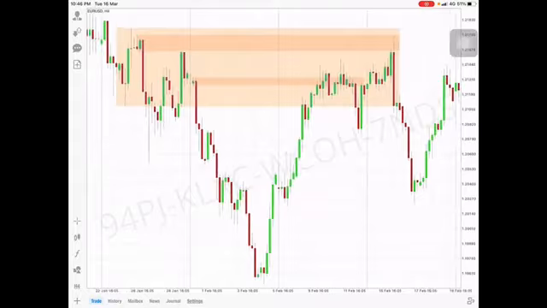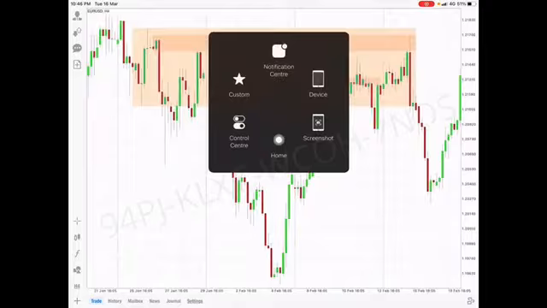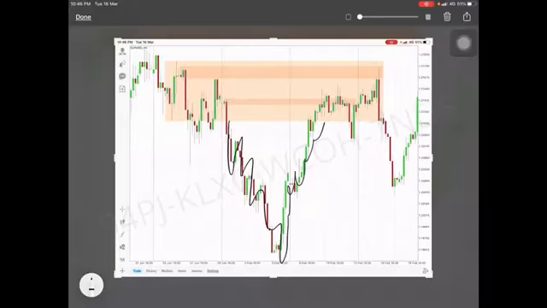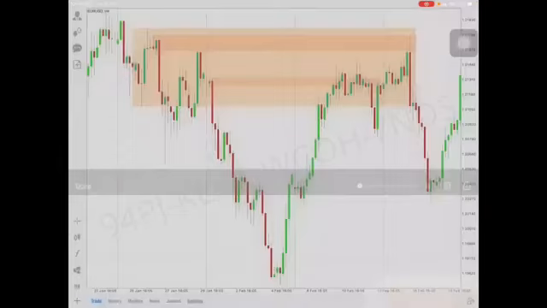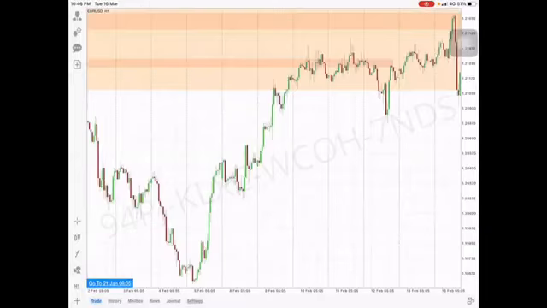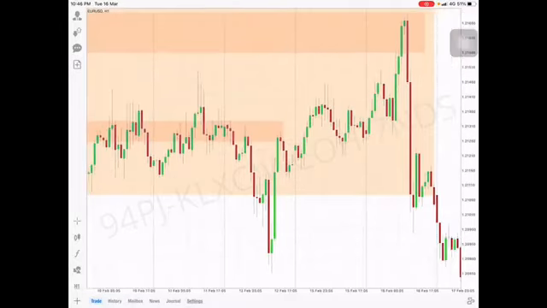All right. So, is there a sideways pullback? Is there a sideways in the zone? Yes, also. Okay. So now we are going to go to H1. Okay. Now look at this.